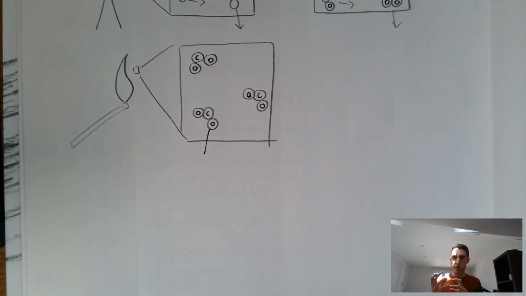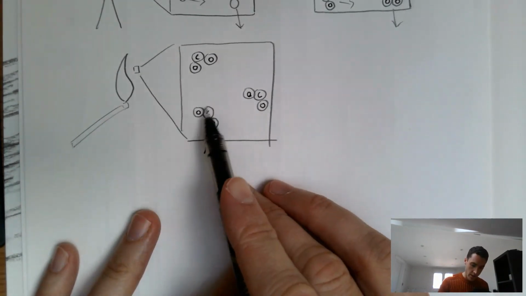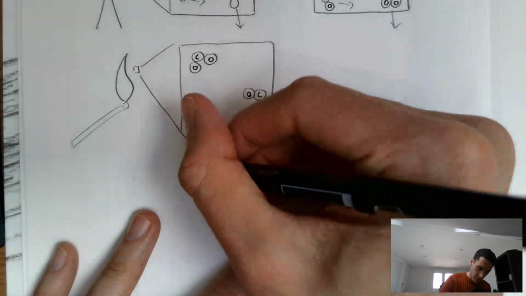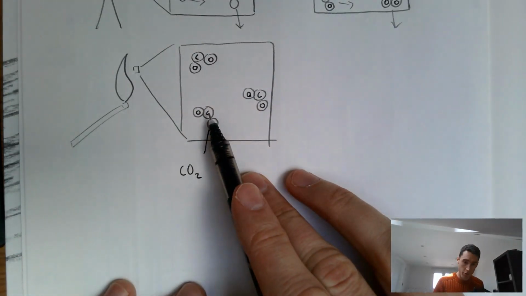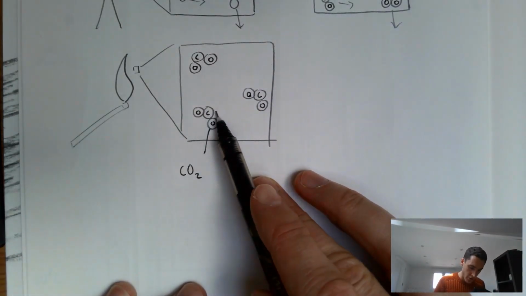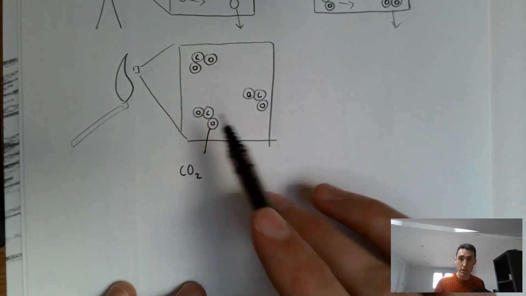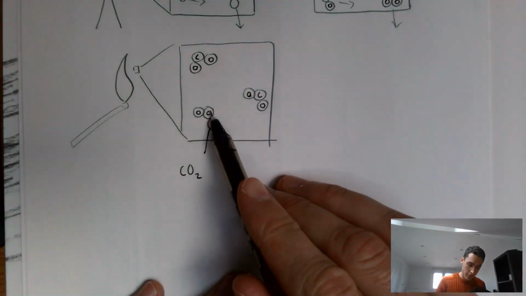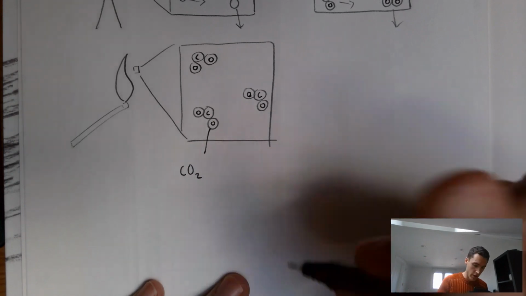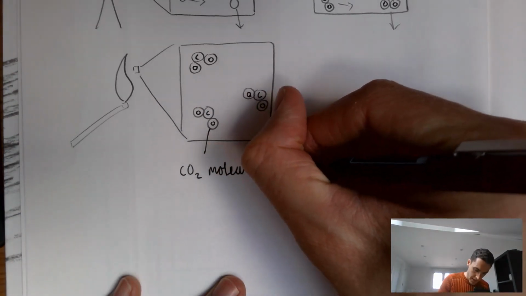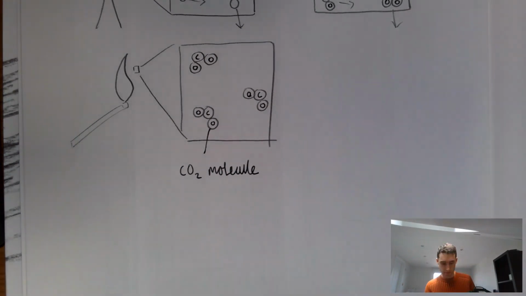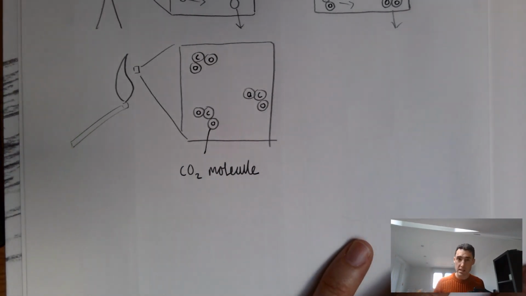It's a molecule because there's more than one atom chemically bonded together. And actually, these are CO2 molecules. And I want to really go through explicitly, these are called CO2 because in each molecule, each unit of atoms chemically bonded together, I've got one C and I've got two O's. That's why this is called a CO2 molecule. And this is what you get when you burn stuff. Generally, certainly things with carbon in, you get CO2 formed.